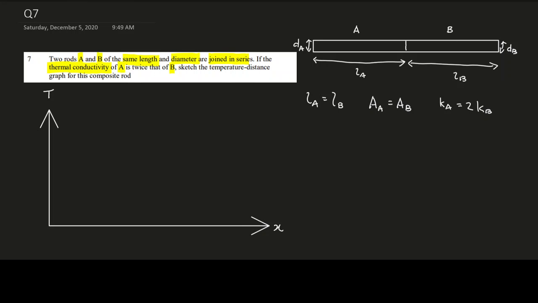First, you don't even know which end is hotter and which end is colder. You don't even know what it is connected to. That's the first issue. The second issue is they didn't tell you whether this composite rod is insulated or not.